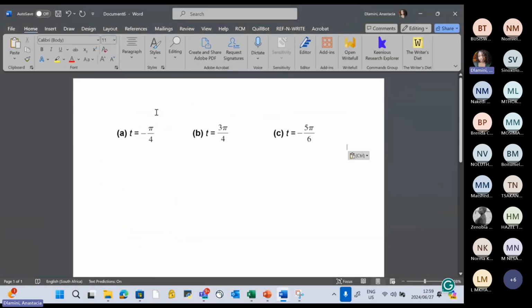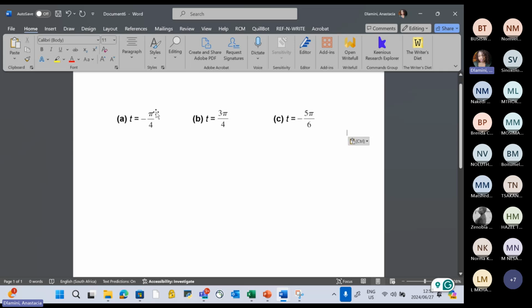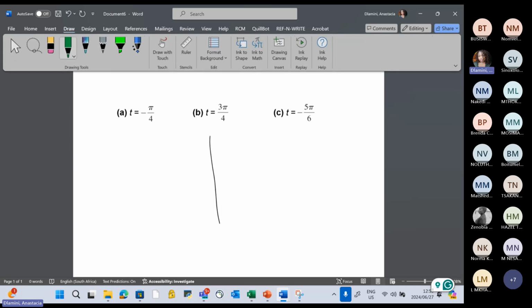Okay. So they want us to find the terminal point of these ones, right? Now, if we go back to our Cartesian plane, let's draw our Cartesian plane. Remember, we are moving along the unit circle.